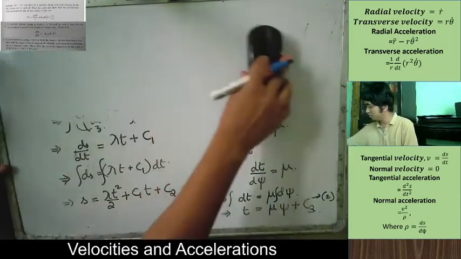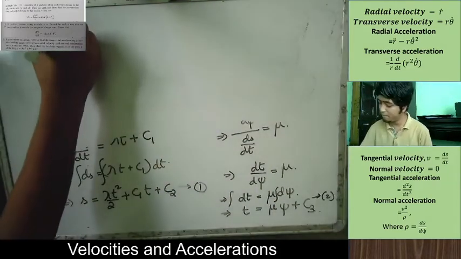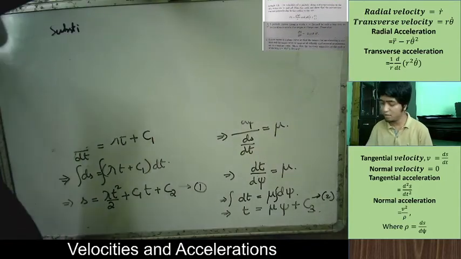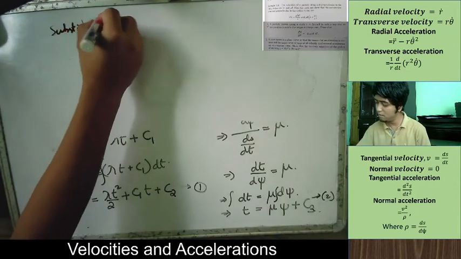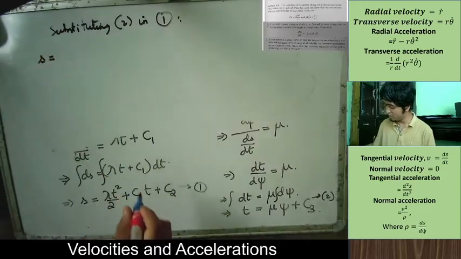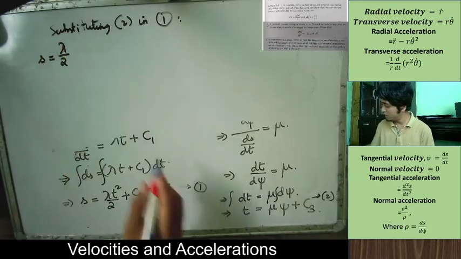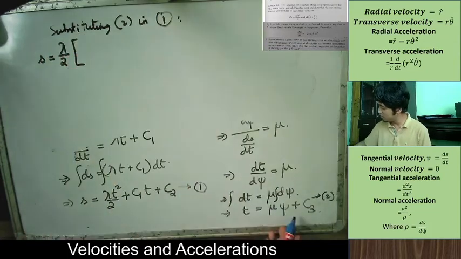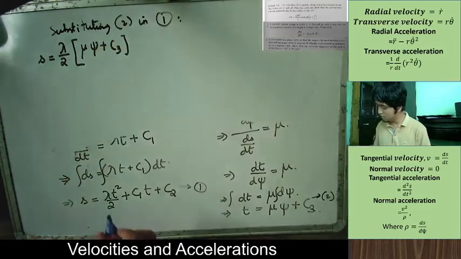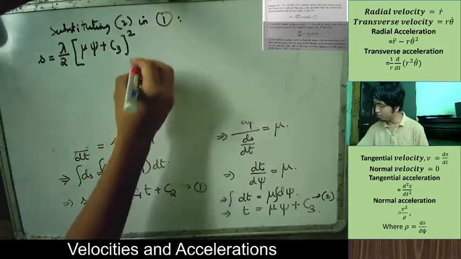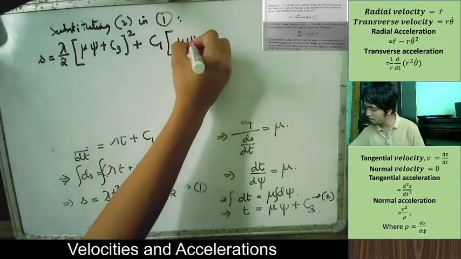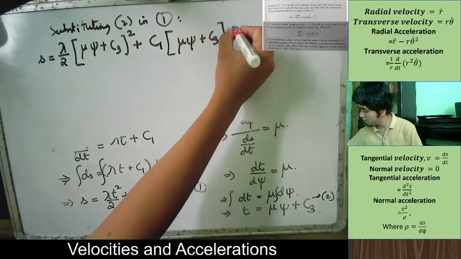We get s equal to lambda upon 2 times (mu psi plus c3) whole squared, plus c1 times (mu psi plus c3), plus c2.